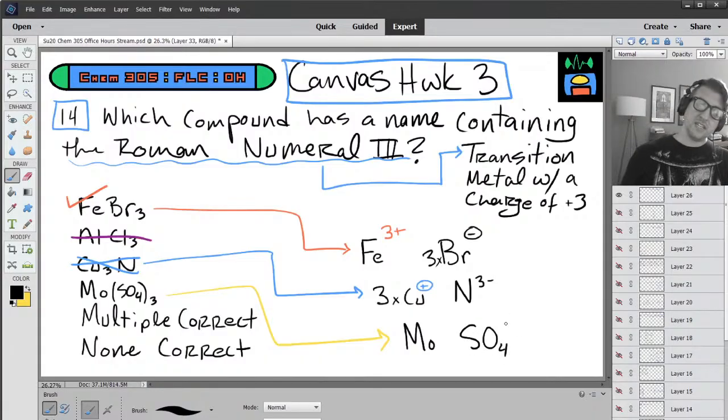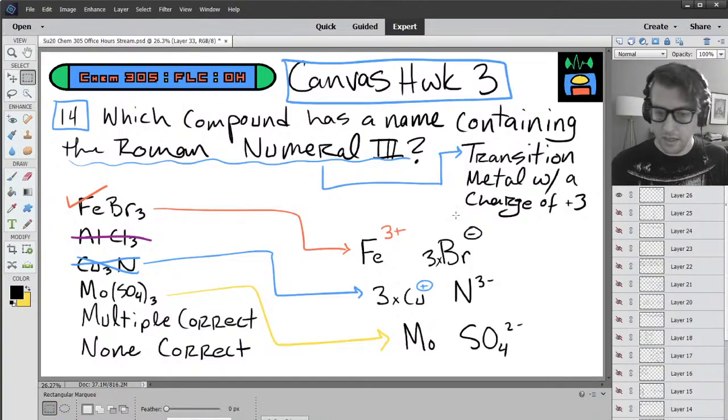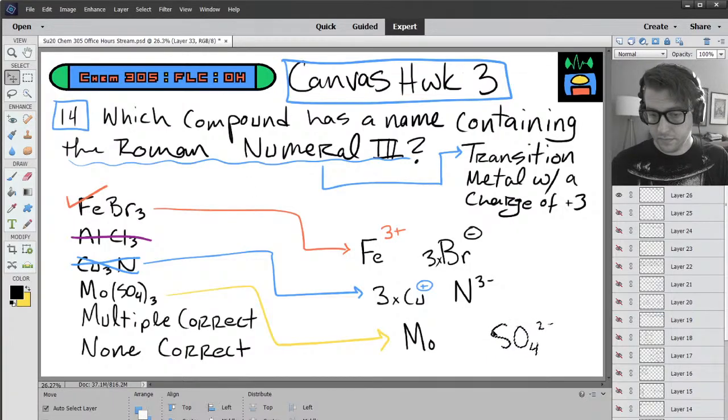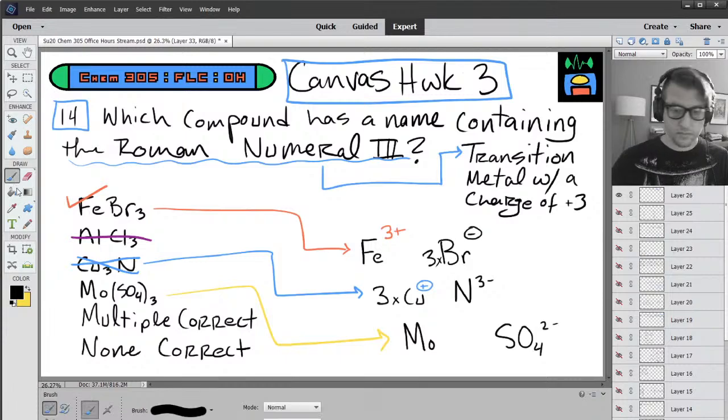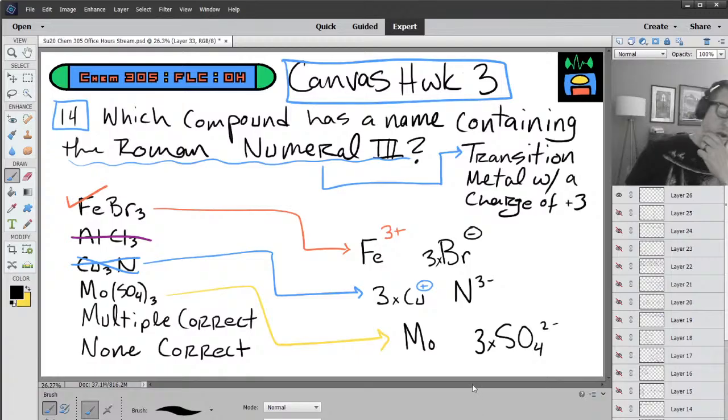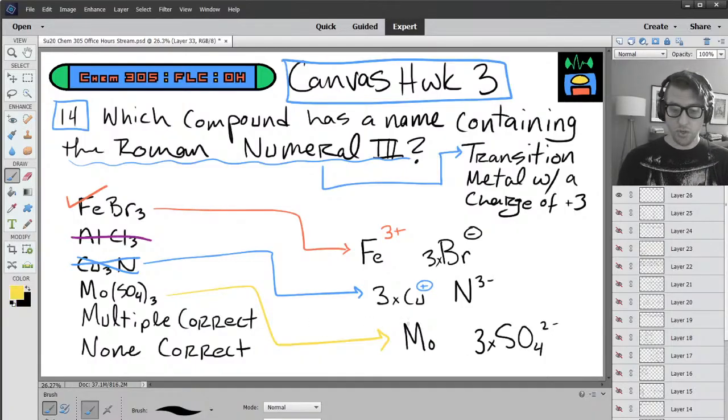So sulfate has a charge of -2, and we have 3 of them. All right. So if we have 3 sulfates, each one is -2, that means molybdenum has a charge of +6.